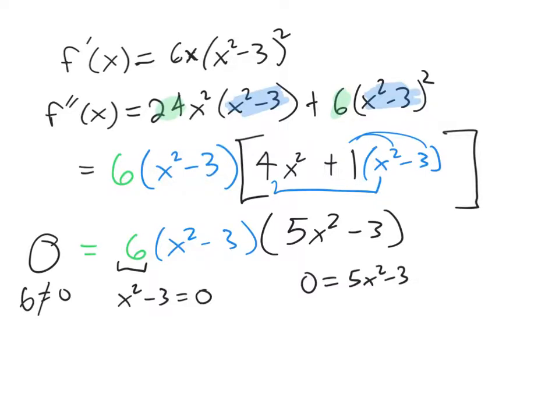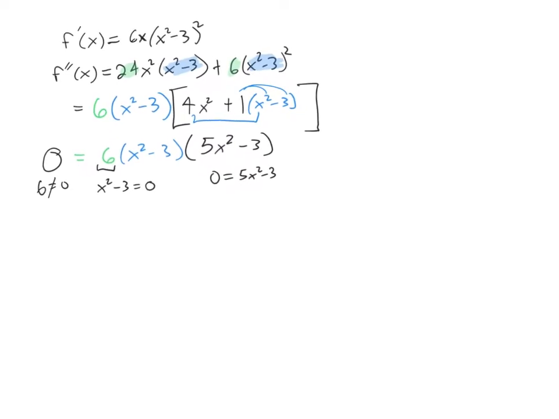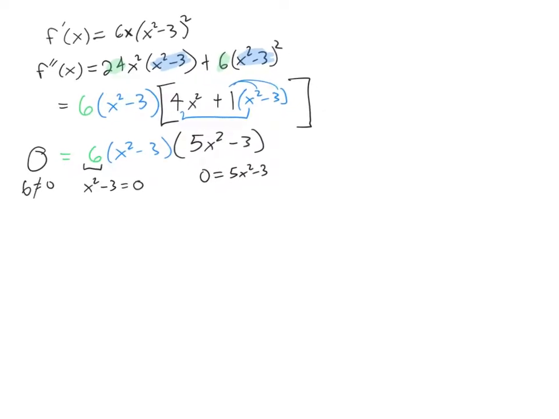Let me shrink all this and move it up to the side. We already know for this one, we did it in the previous step. x is going to equal plus or minus the square root of 3. We're going to get two answers.